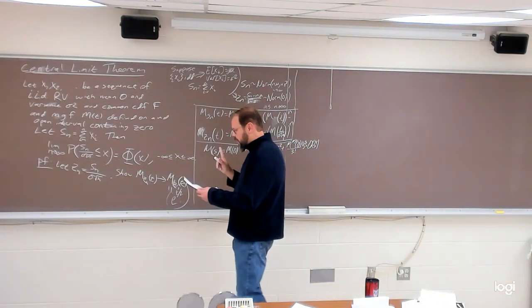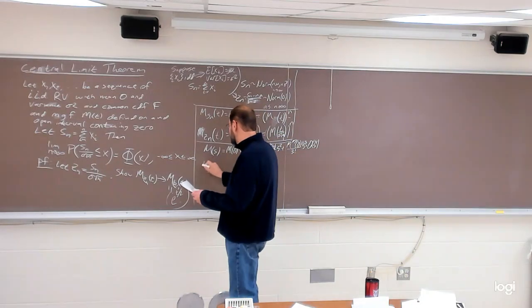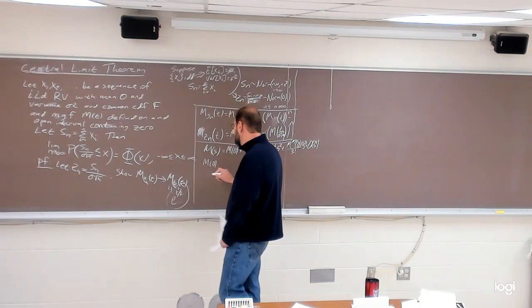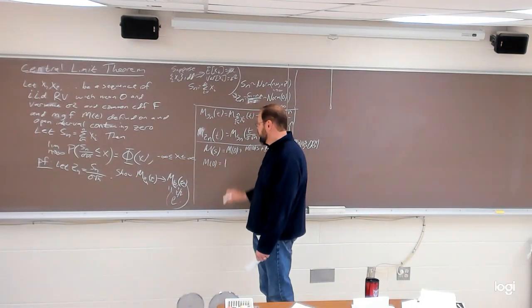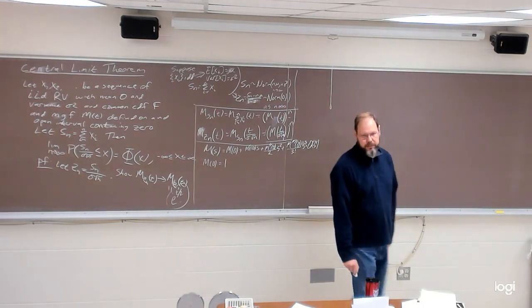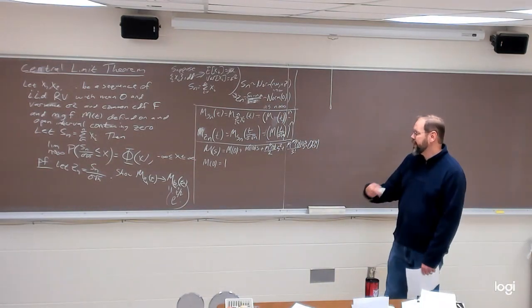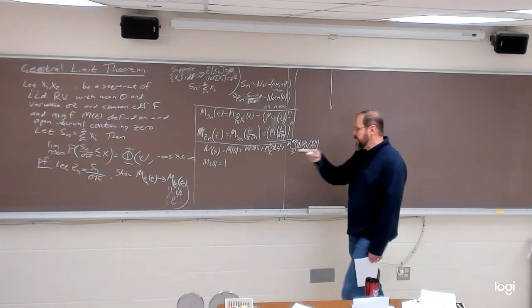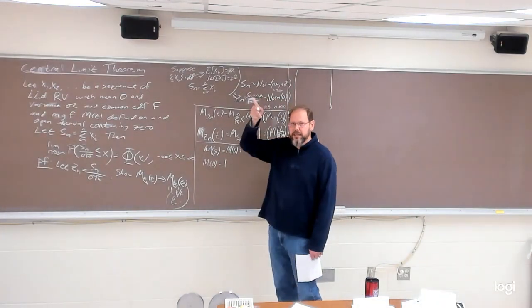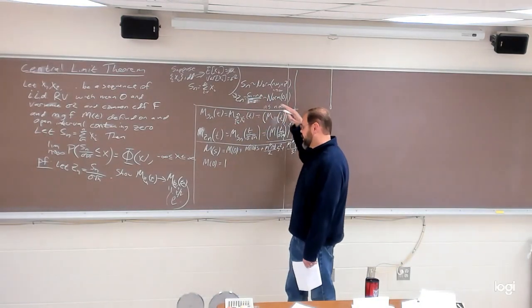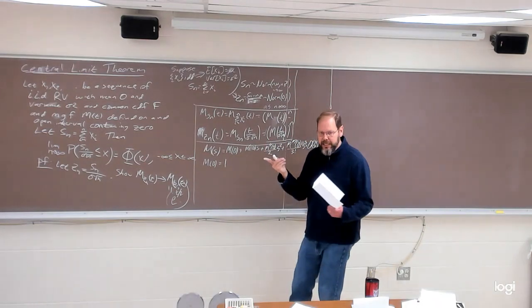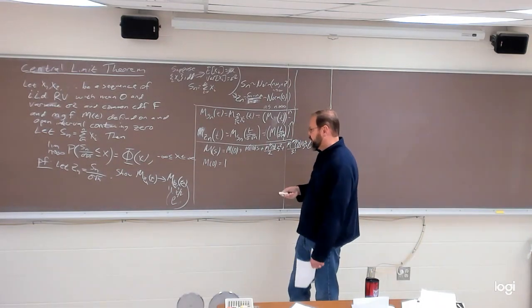Now, there's a couple of things worth noting in all of this. For instance, moment generating functions, when I plug 0 into them, are always equal to 1, because I end up with the expected value of e to the 0 times x, so I get the expected value of 1, which is always equal to 1.